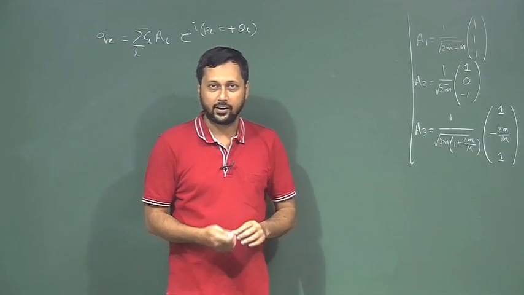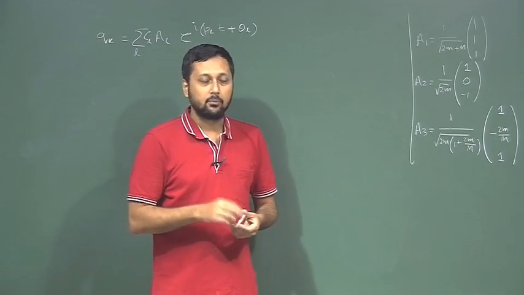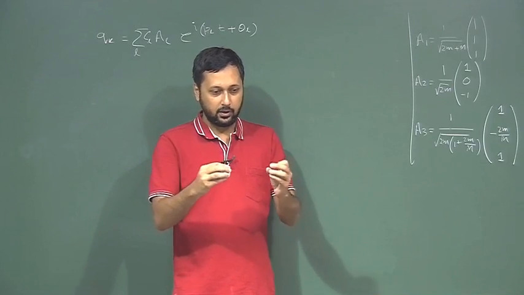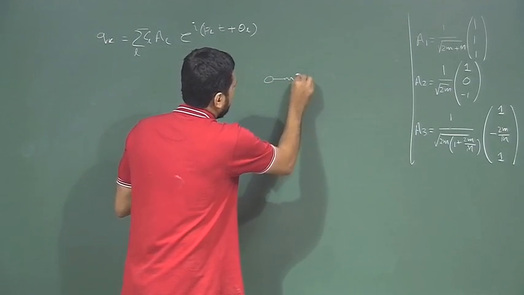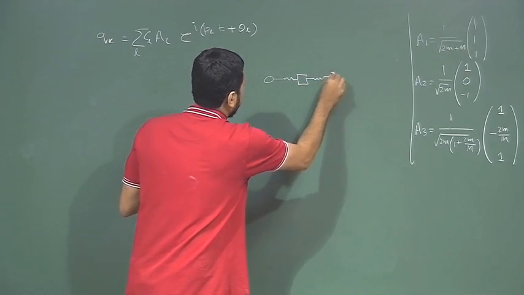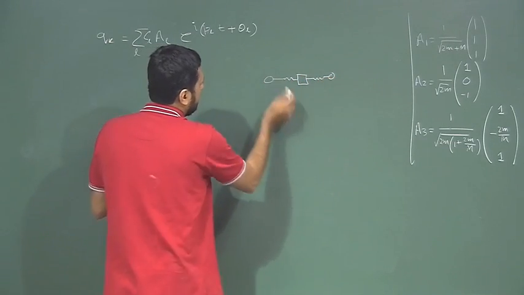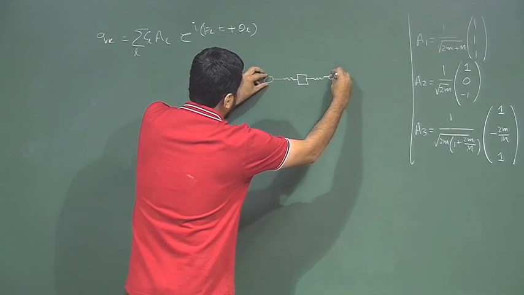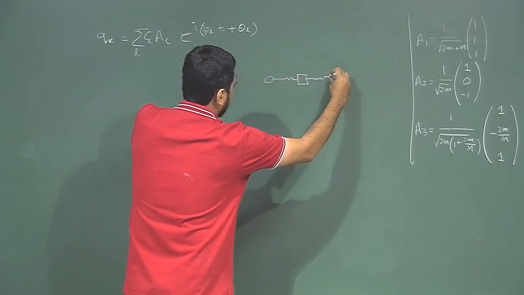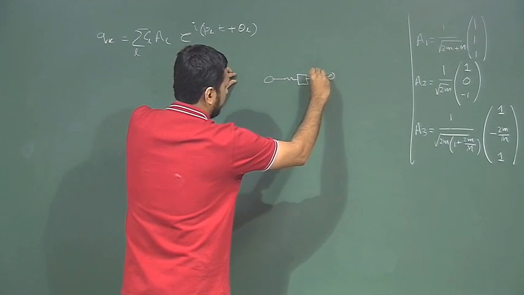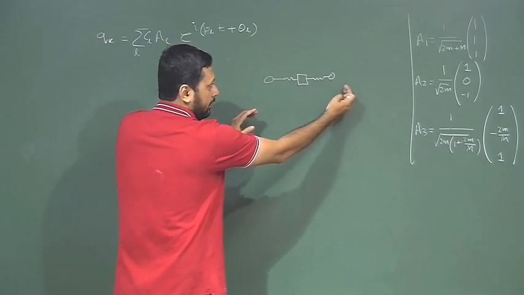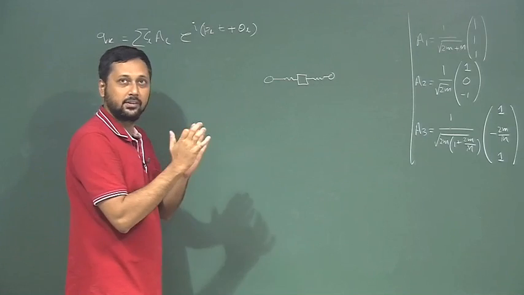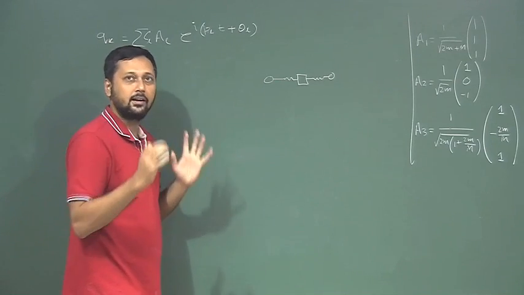Also, there is a phase factor, right. Let us say we have this as my initial configuration. If initially I have taken this one in this direction and this one in this direction, that means we are stretching this spring and compressing that spring, and then I let it go.